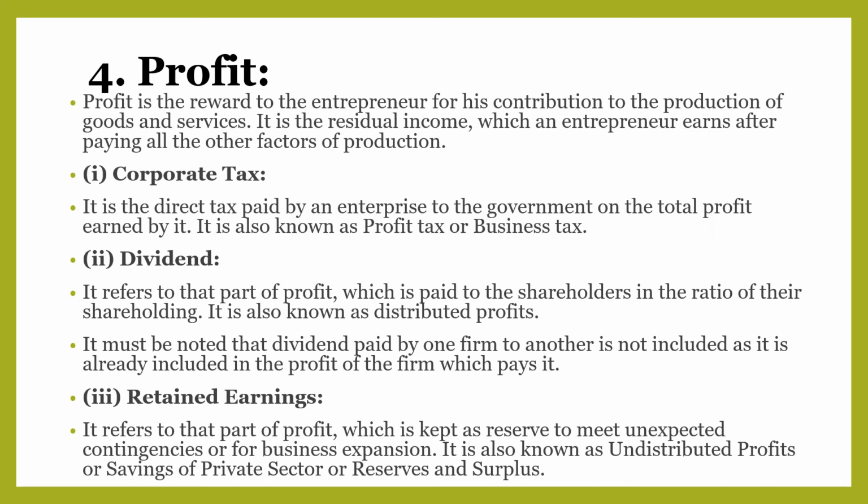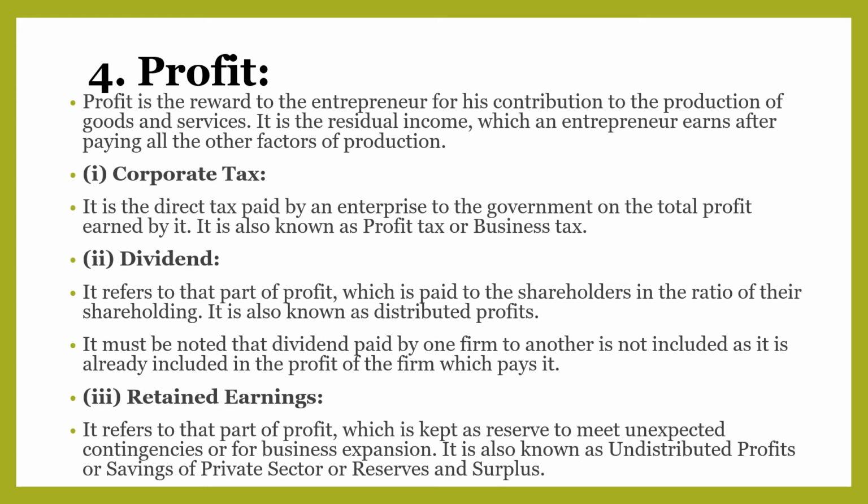Next, profit. Profit is the reward to the entrepreneur for contributing to the production of goods and services. It includes three components: corporate tax, dividend and retained earnings. Corporate tax is a direct tax paid by an enterprise to the government on the total profit earned by it. It is also known as profit tax or business tax. Second, dividend.